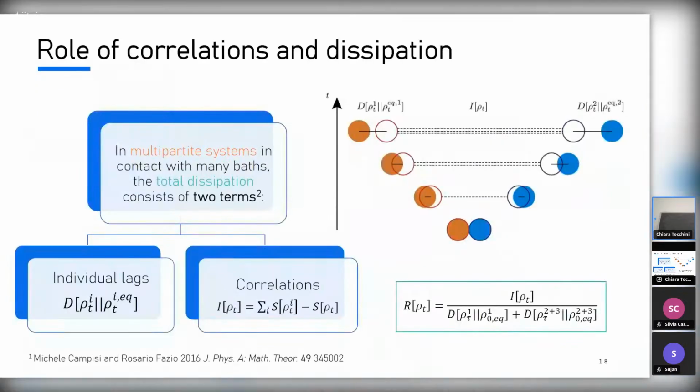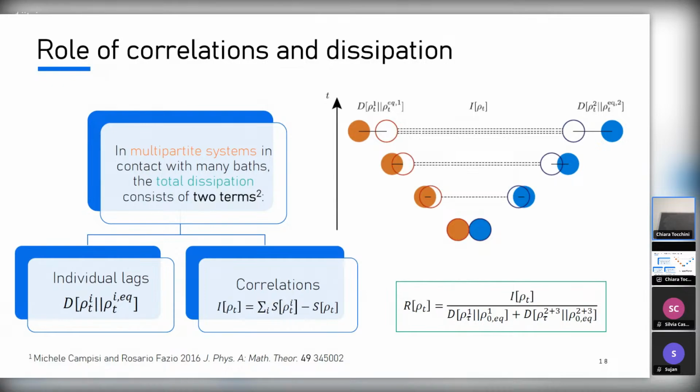And last, I studied the role of correlation and dissipation in this system. It was first studied in this paper for a multipartite system in contact with many baths. We have that the total dissipation consists of 2 terms.